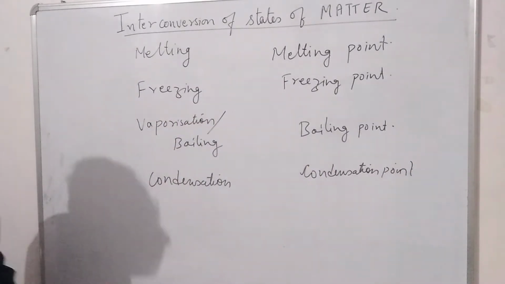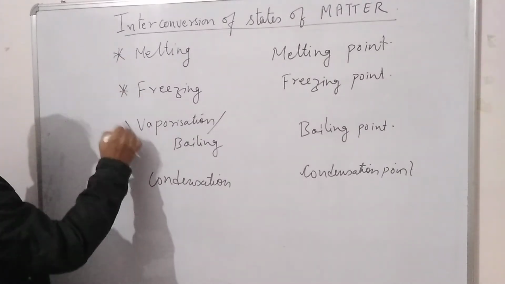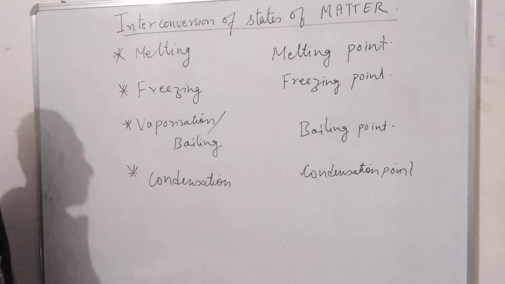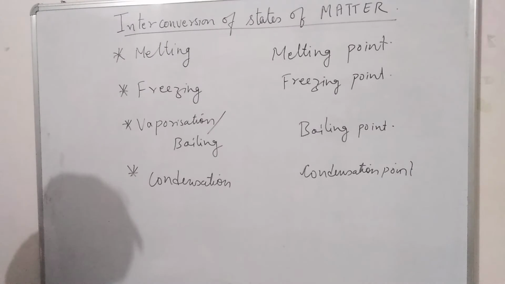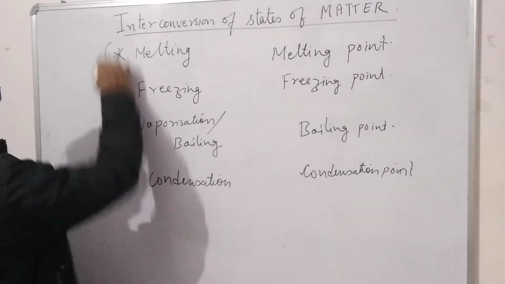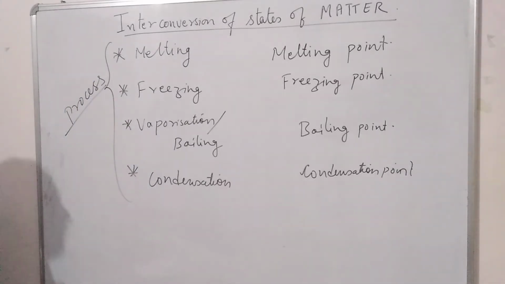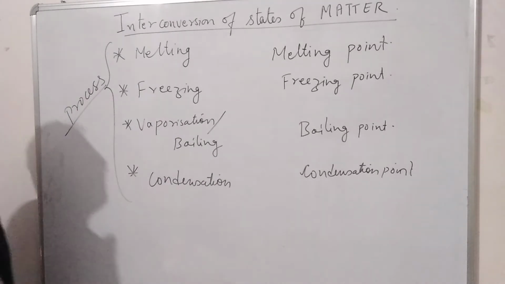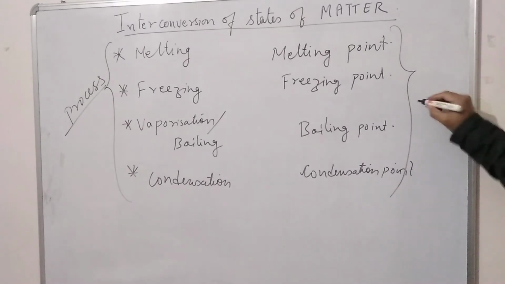Okay. Hope all of you have understood these four important terms related to the interconversion of states of matter: melting, freezing, vaporization, condensation. These all are actually processes. And melting point, freezing point, boiling point, condensation point is actually the temperature, a fixed or constant temperature at which the interconversion of states of matter takes place.